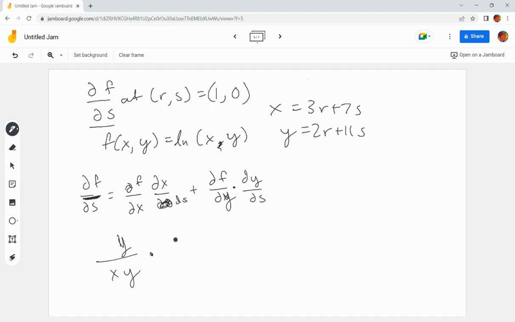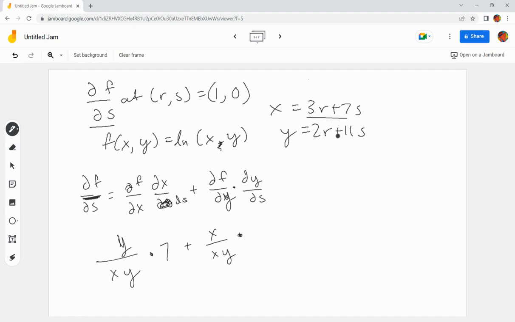What? Oh, this is gonna suck. You can always tell that's gonna suck. And then we need to get a ds, so it's 7. Oh, you can already tell this is gonna suck. And then let's get this one out of the way. 2, which is dy, which is the x by xy.